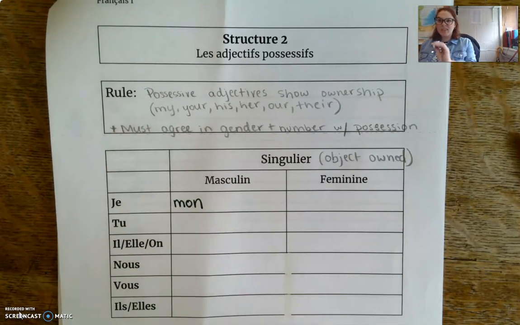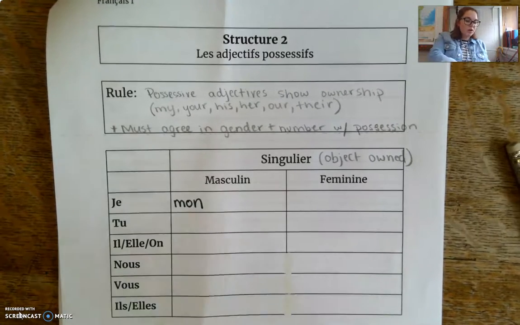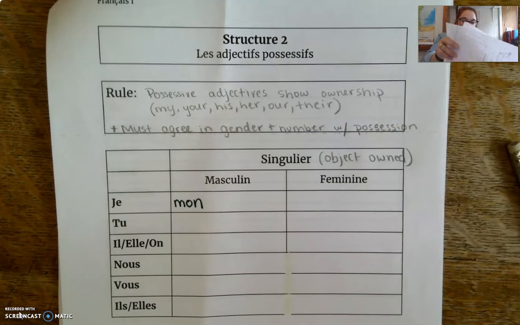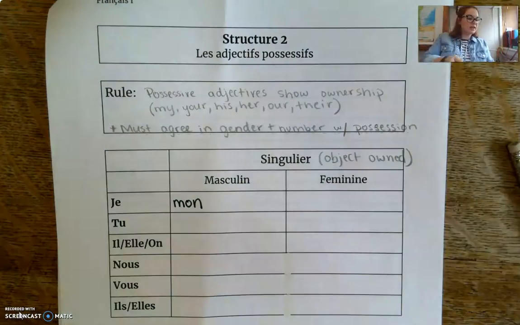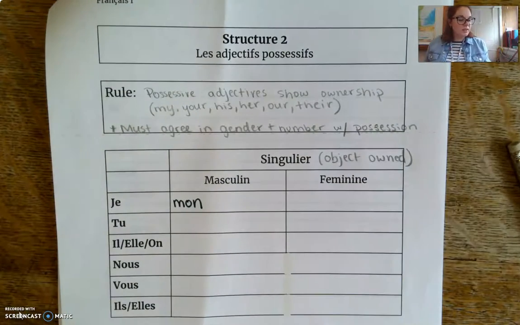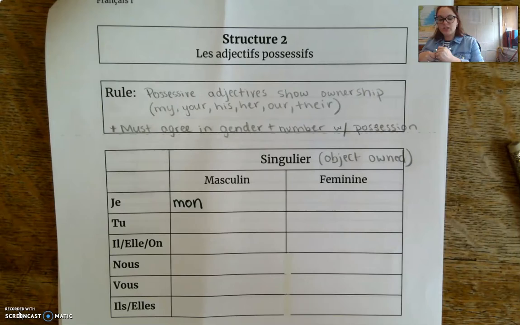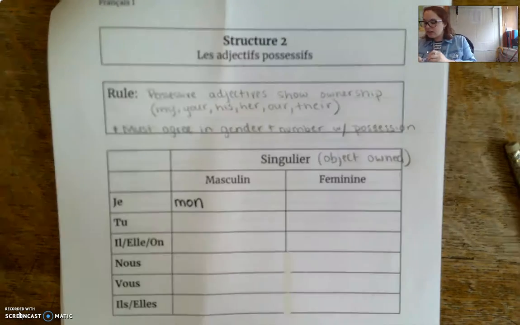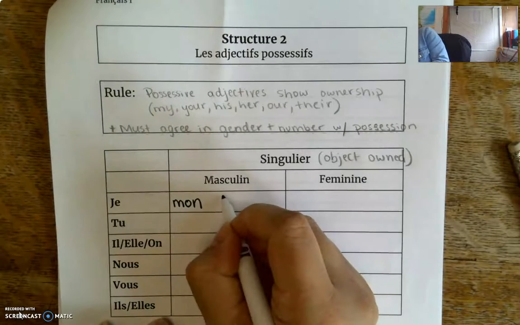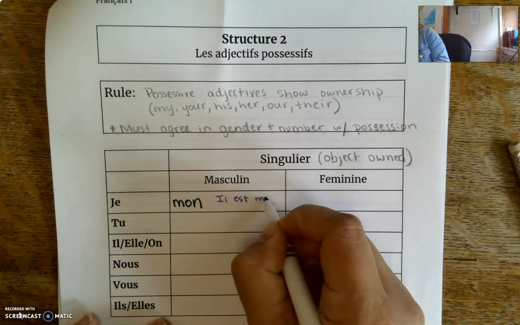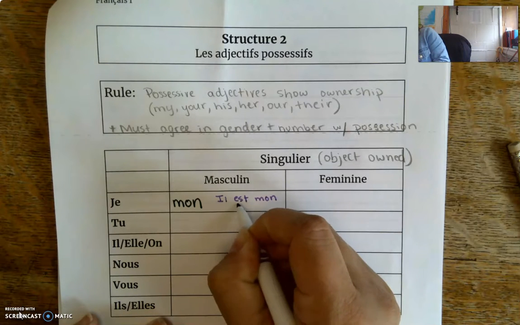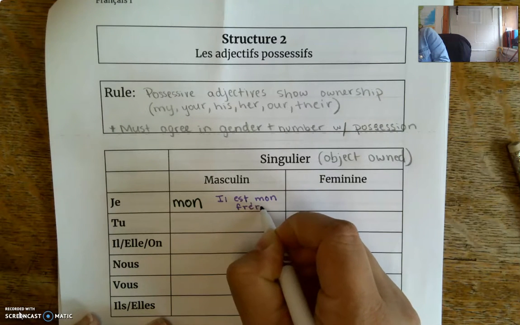So my singular masculine thing. So thinking about something masculine from our vocabulary, I'll do some example sentences here in purple just for fun. I could say, il est mon frère. He is my brother.